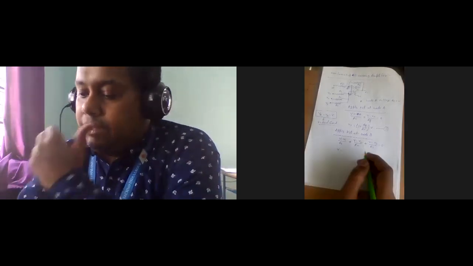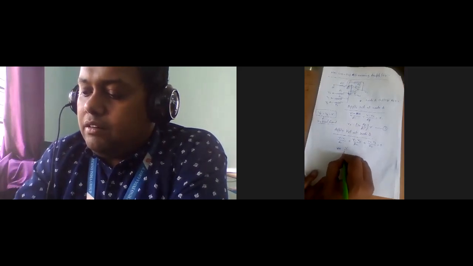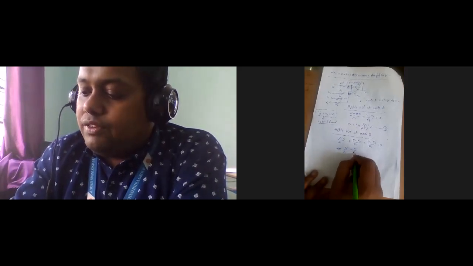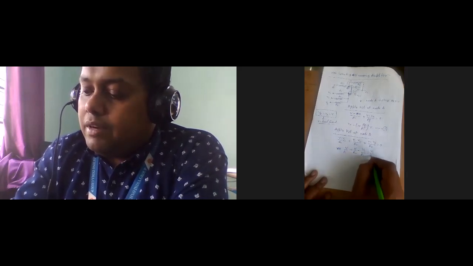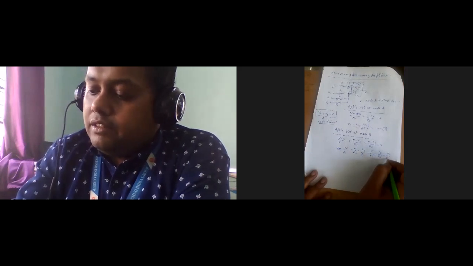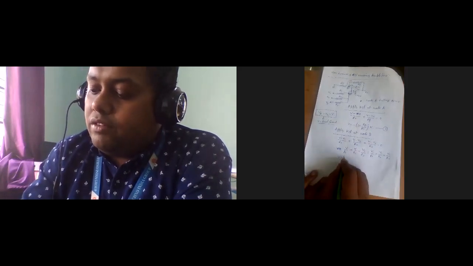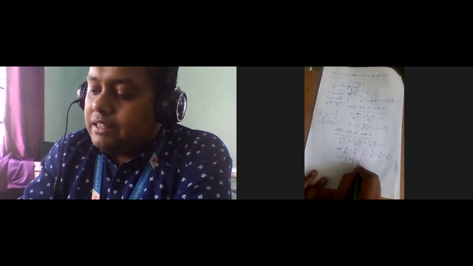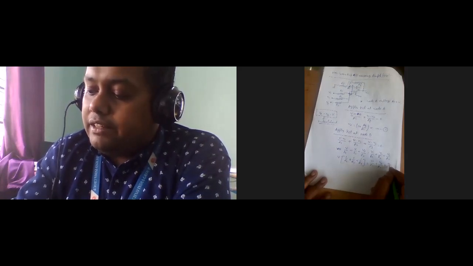So here we can find the value of V as V by R1 plus V by R2 plus V by R3 equal to V1 by R1 plus V2 by R2 plus V3 by R3. So V times (1 by R1 plus 1 by R2 plus 1 by R3) equals V1 by R1 plus V2 by R2 plus V3 by R3.